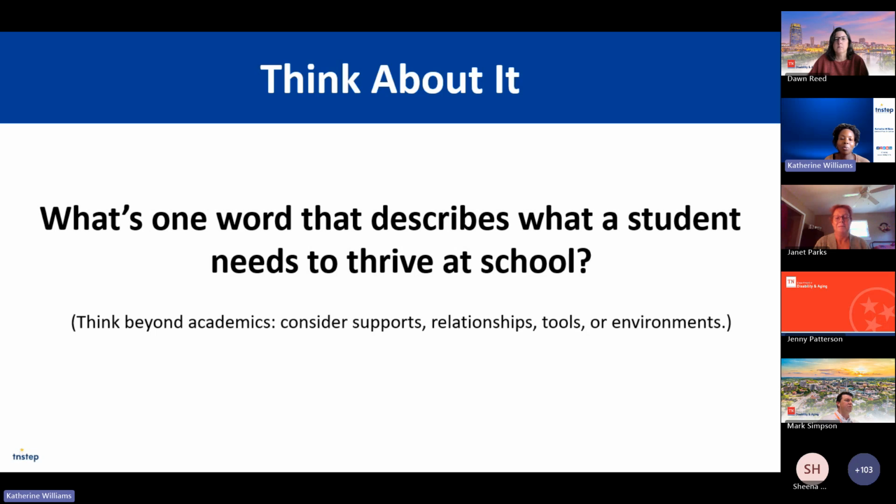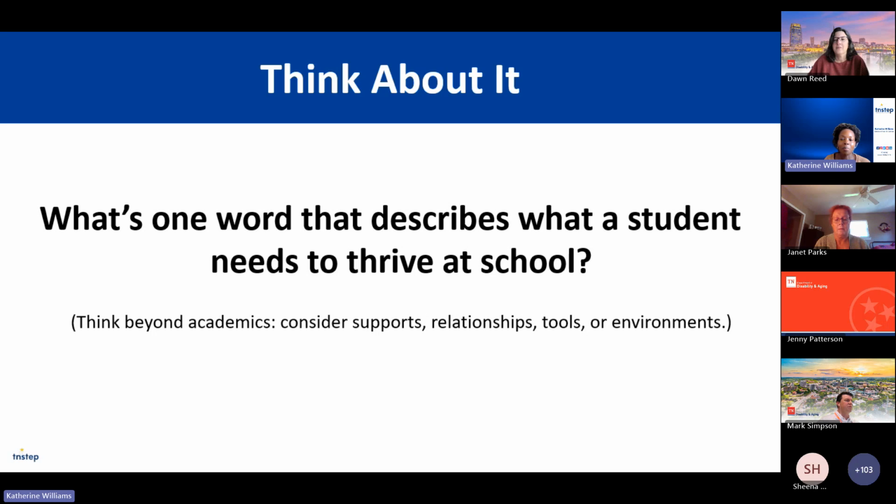Thinking more than ABCs and 1, 2, 3s, but thinking about what support they may need, what relationship may be important, how the environment needs to be set up. If you can share your one word in the chat, that would be great. And then we will go over a few of those.